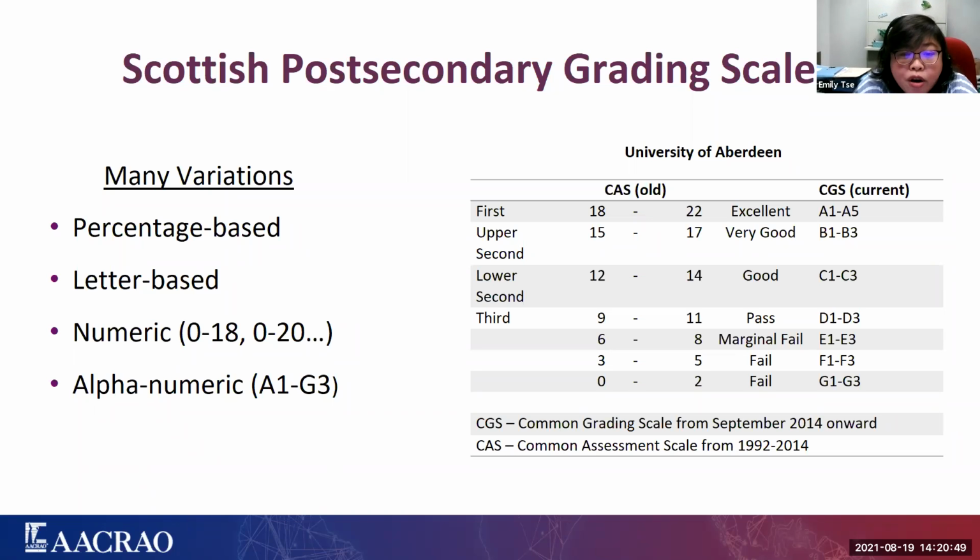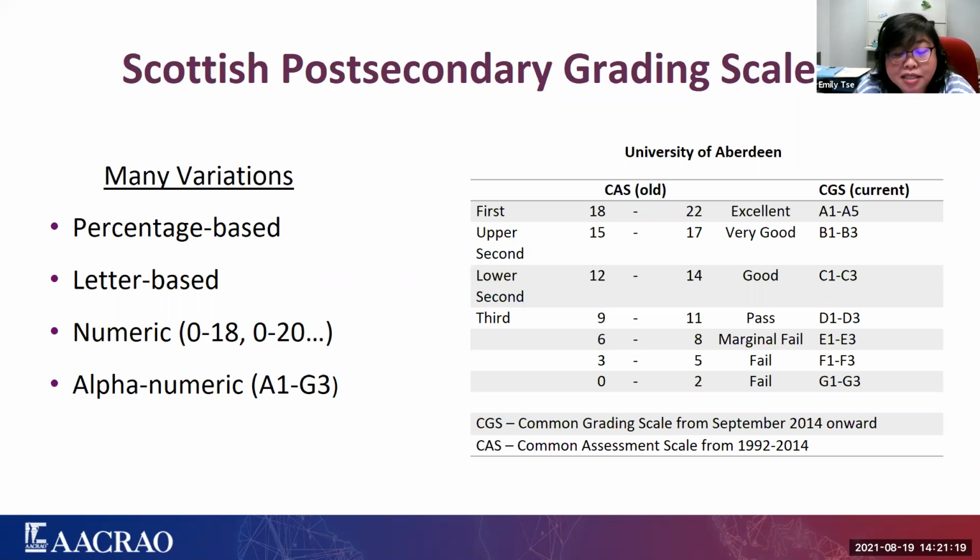So what we've shown here on the right is the grading scales for the University of Aberdeen, one of the ancient universities in Scotland. From 1992 to 2014, it was actually out of 22, between 0 and 22, but then in 2014, they switched to an alphanumeric scale from A1 through G3. Now, my guess is that they felt the letter grades were more understandable and more recognizable.